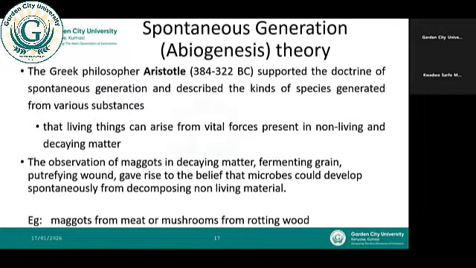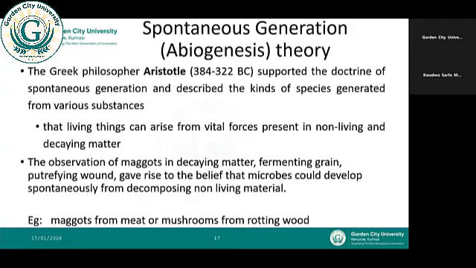Others did not believe in the supernatural theory or the miasma or Hippocratic theory, but they believed in spontaneous generation. So out of non-living material, life could arise.